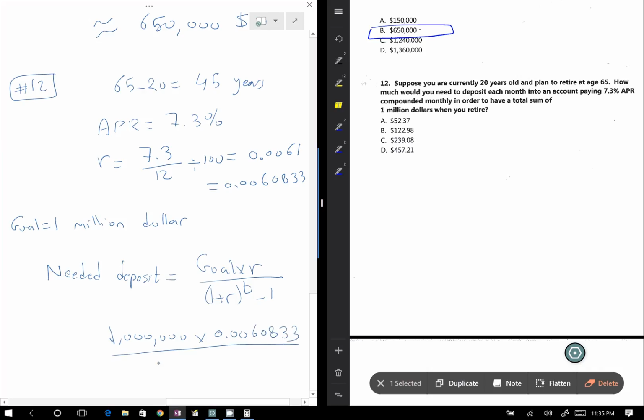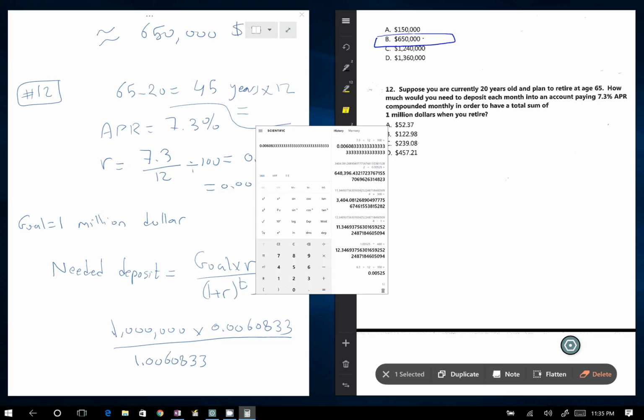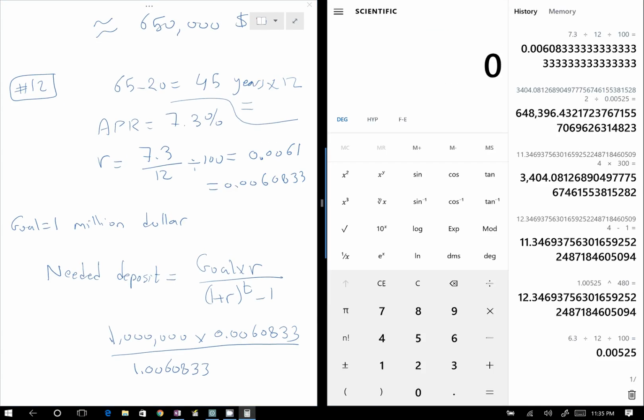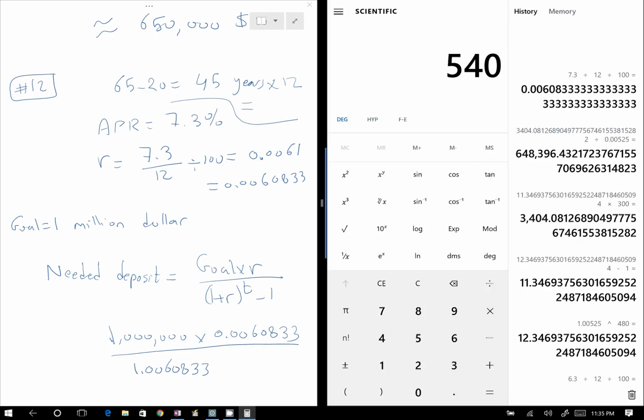That's all divided by 1.006083 raised to the power, that's 45 years multiplied by 12, that's 540 months.